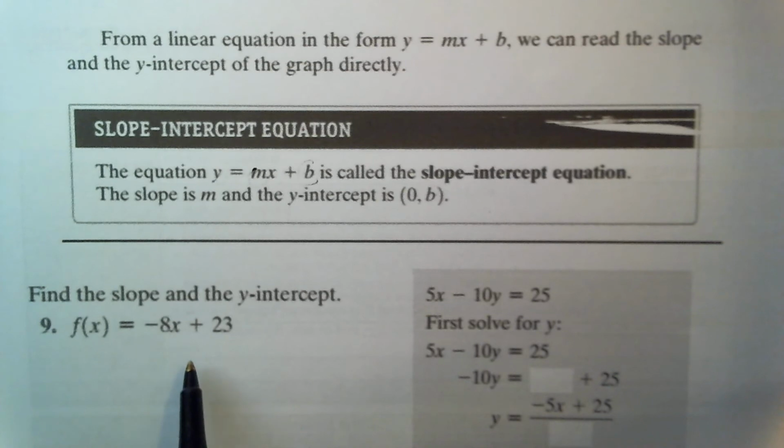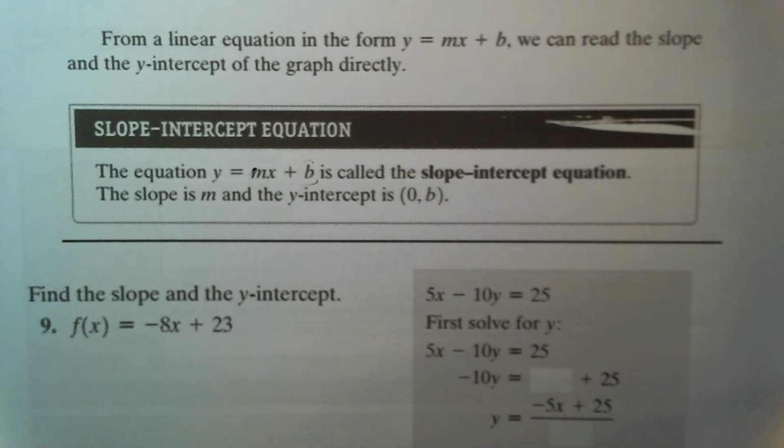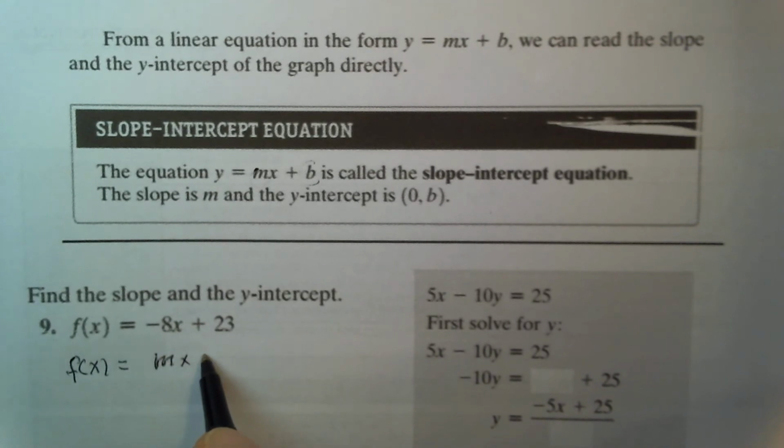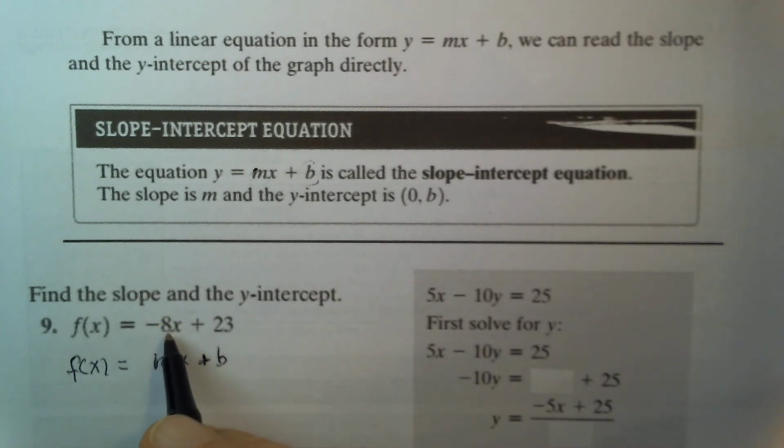So find the slope and the y-intercept for this given function here. Well, when we compare this with f of x equals mx plus b, then we notice the coefficient of x is minus 8, which is the slope.